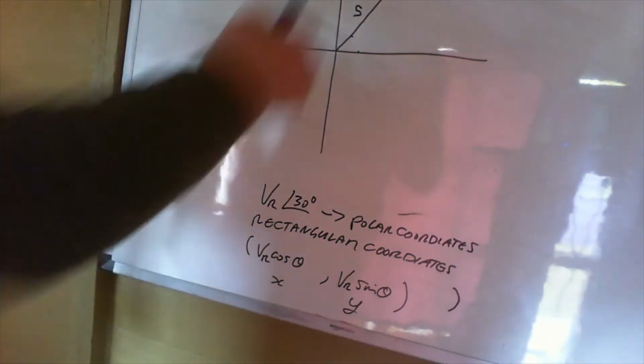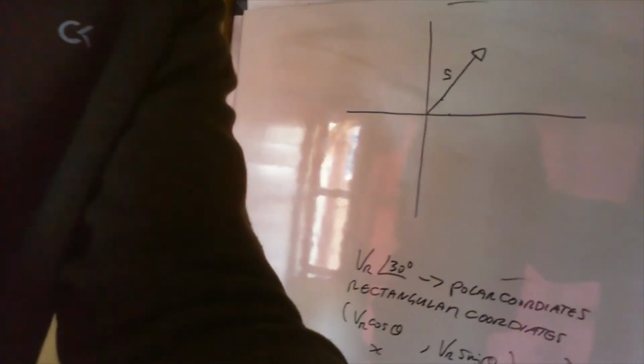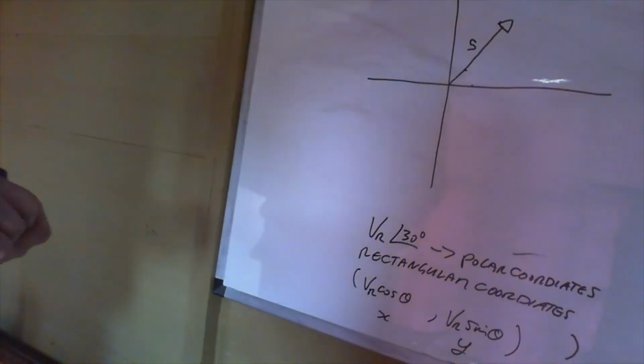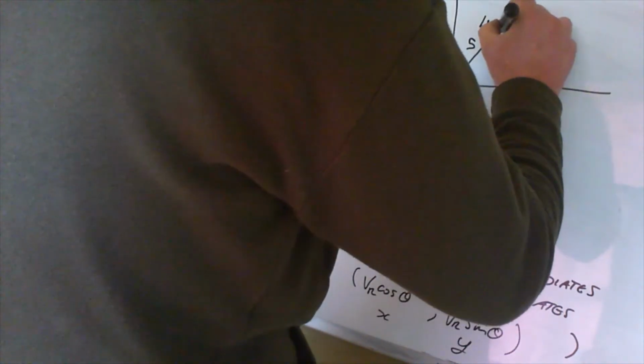There's a wee magic right angle triangle, it's called the 3, 4, 5 triangle, Pythagoras, where if it's a right angle triangle and the opposite or adjacent is 3 and the opposite or adjacent is 4, the hypotenuse is always going to be 5. So that's the hypotenuse, this is your opposite and this is your adjacent.